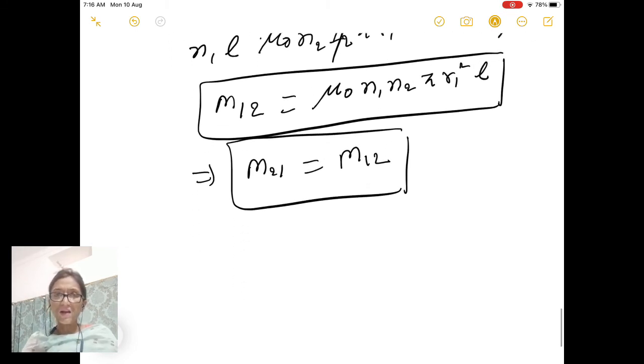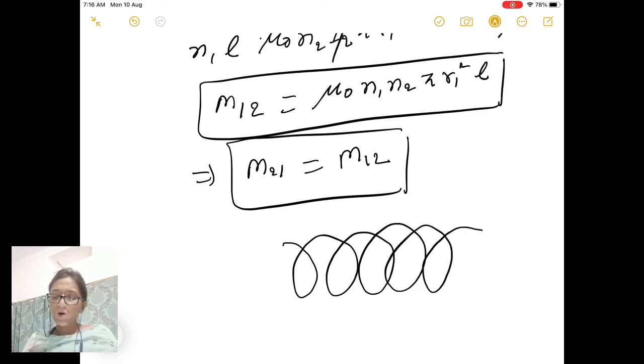This idea will be very helpful if the lengths of these solenoids are not the same. Now this is a complicated thing. So if you find the mutual inductance in 1 only, then you can say that the mutual inductance of 2 will be the same, because you know the uniform magnetic field passes through the inner solenoid. If it is B2, the same uniform magnetic field B2 will be flowing in the shorter inner solenoid also.